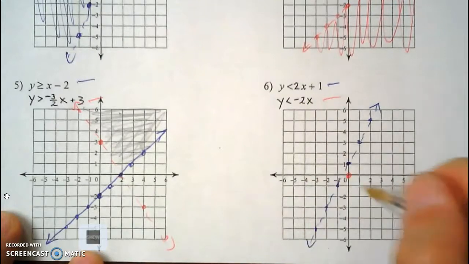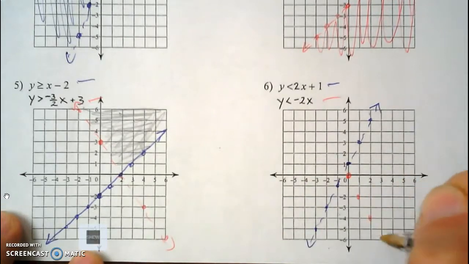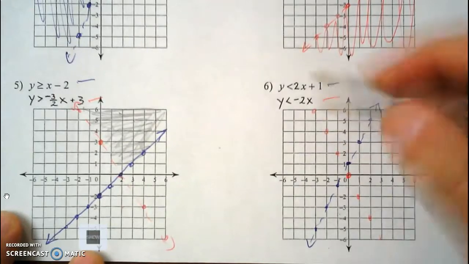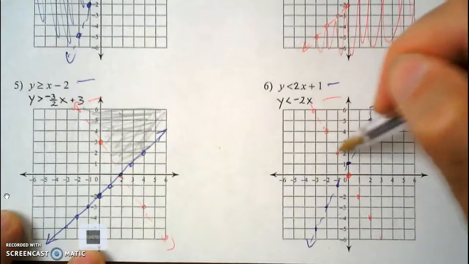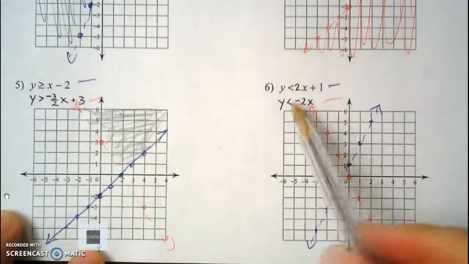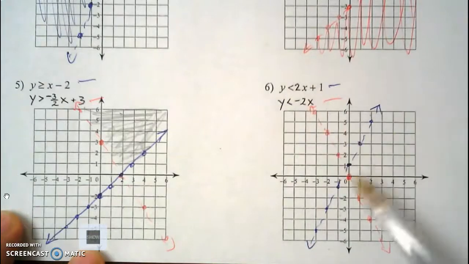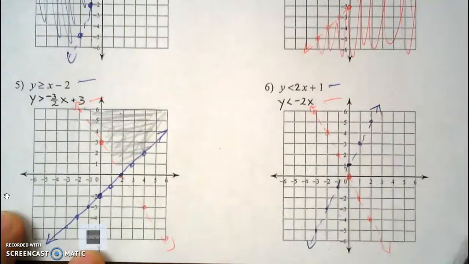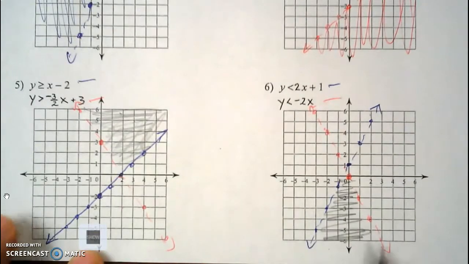Down 2 over 1 is the slope for that one. And it really helps to graph all the way to the edges of the graph. That is also a broken line. Now they both read less than. That means I would shade under the red line and under the blue line, and they would overlap right there. So that's graphing a system of inequalities.